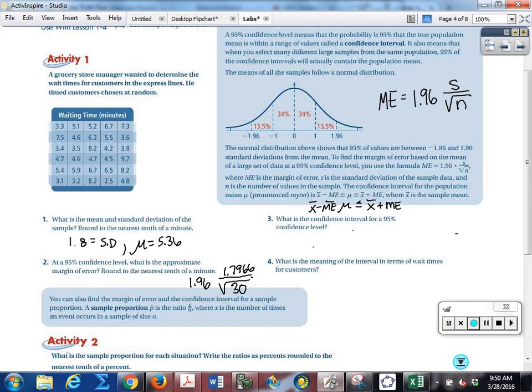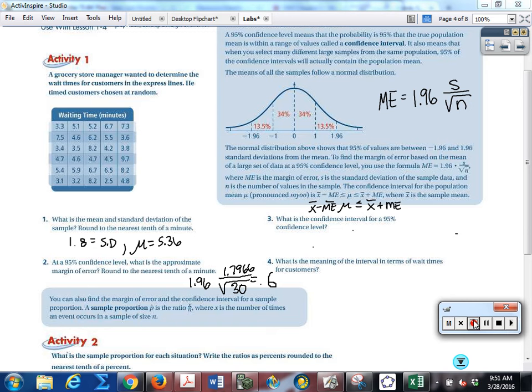So all we're doing is just really plugging in the numbers. So this is saying we are 95% confident that this mean of 5.36 is correct within 0.6 minutes on either side. So our margin of error is 0.6.